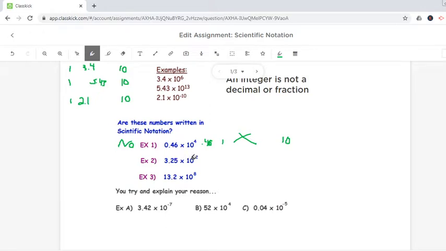3.25 times 10 to the negative 2. Okay, so we have 1 and 10. 3.25? Yes, it is between 1 and 10. So we'll say yes.